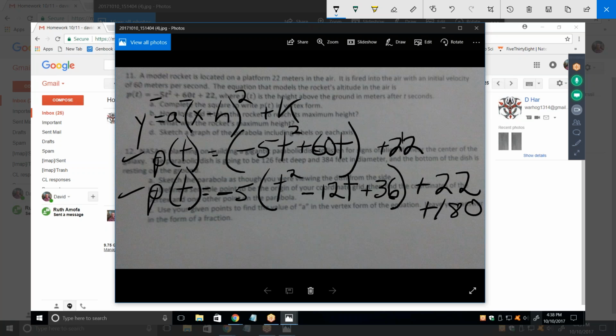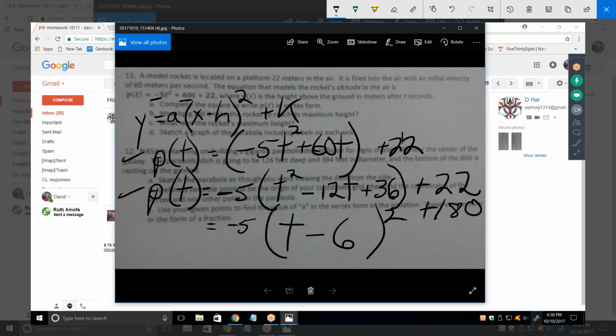Now, the whole reason I completed the square was so that I could write this quadratic inside the parentheses as a binomial, x minus h squared. Well, what is it? It's t minus what, squared? t minus negative 6? Well, just t minus 6. It's always going to be either t plus or t minus, whatever the sign of that middle term is.